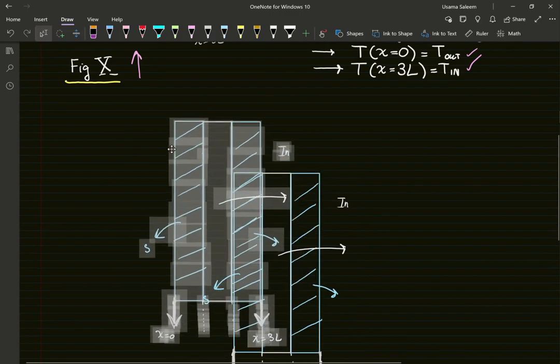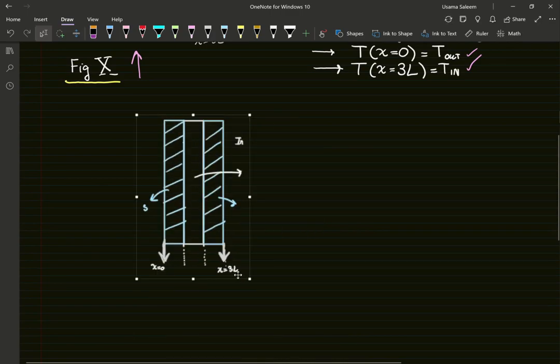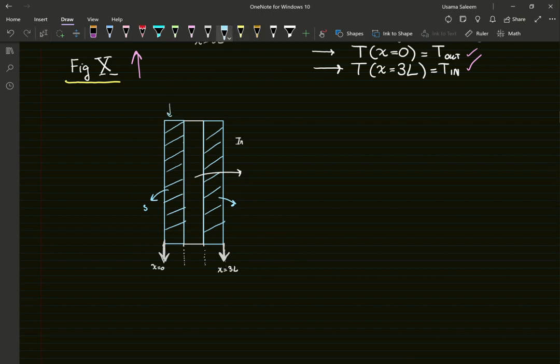Now in this problem, I have 3 domains. I have my outside glass, I have my air gap, and I have my inside glass.